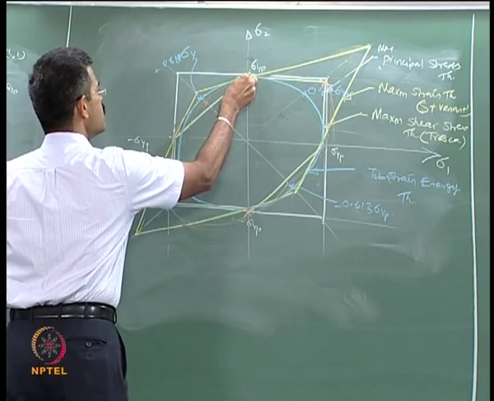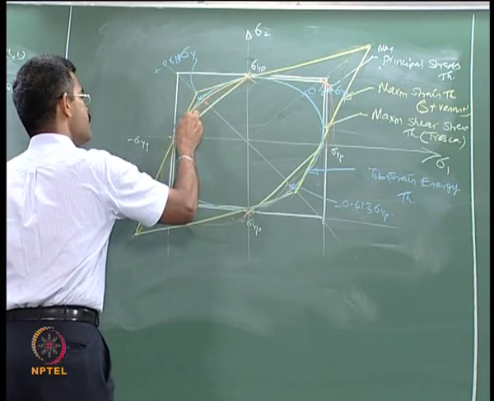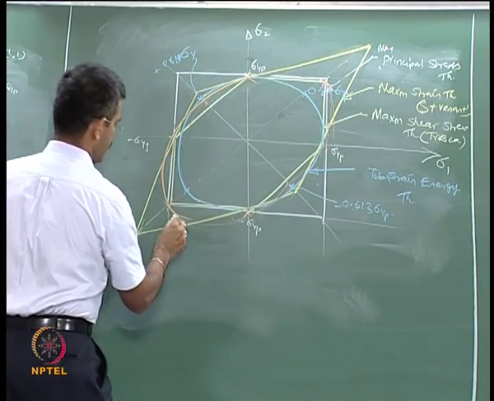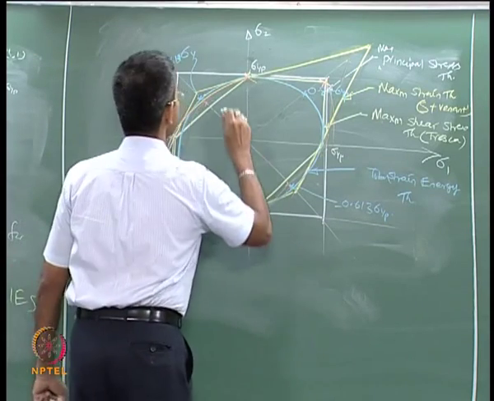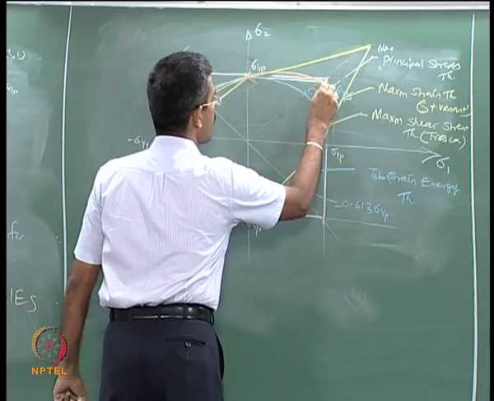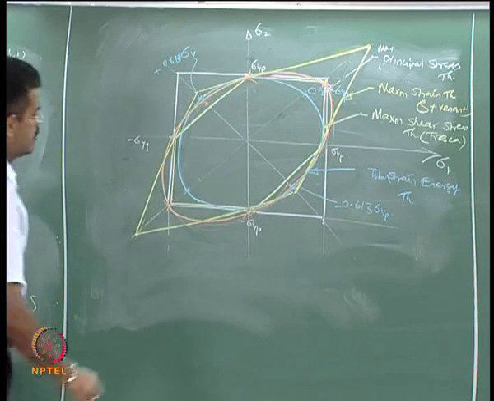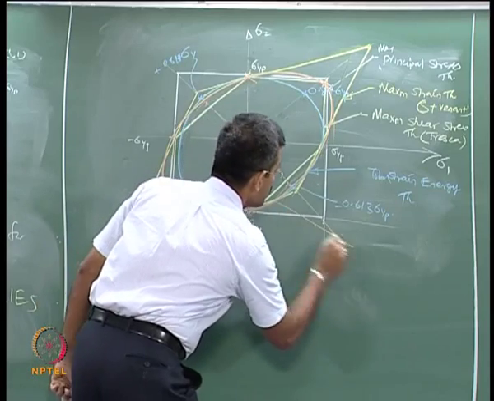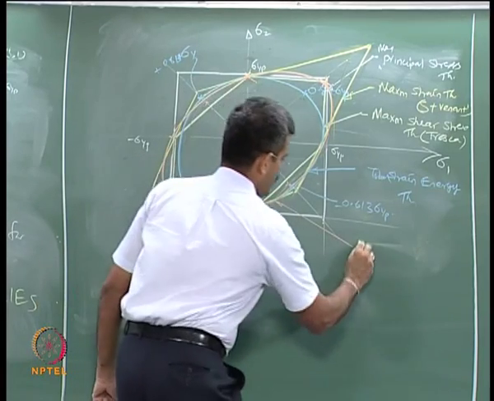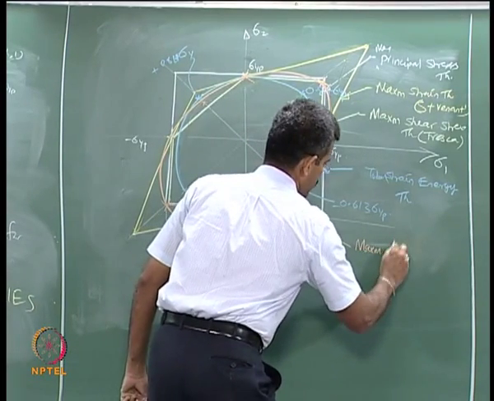I get an ellipse like this. Is that okay? So this is my maximum distortion theory.